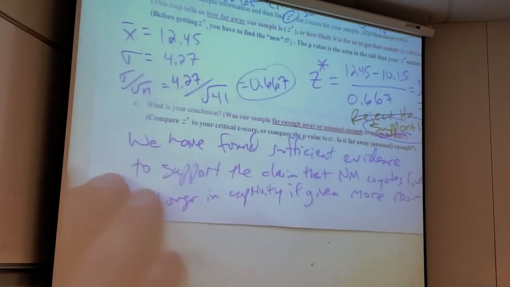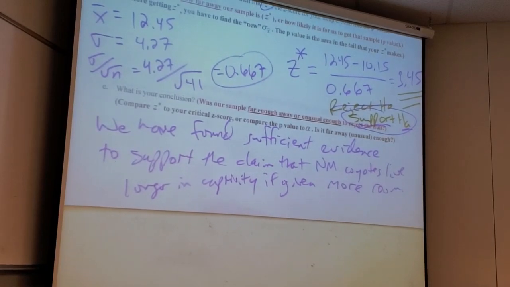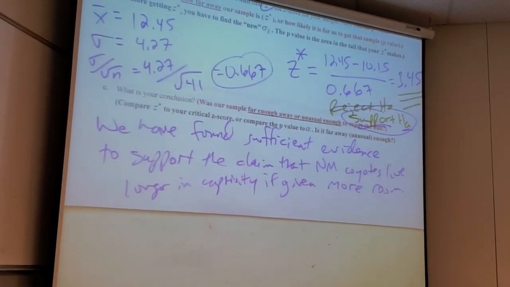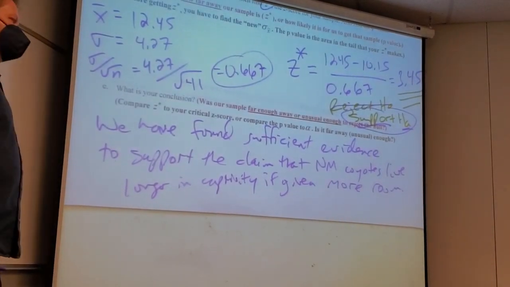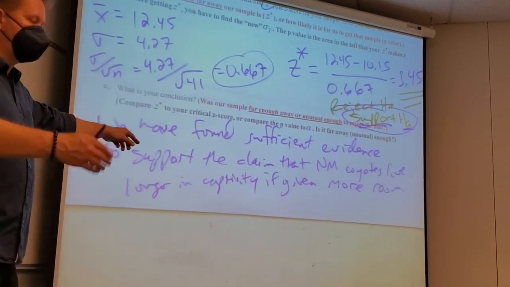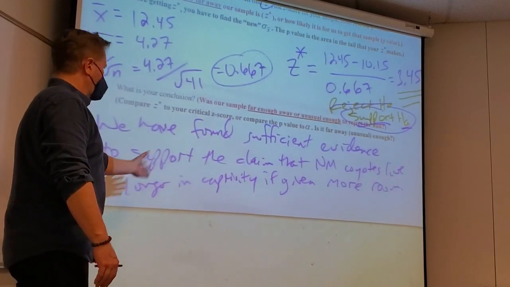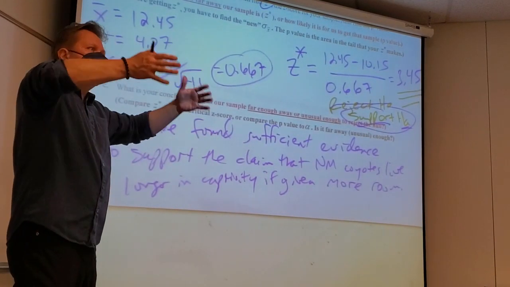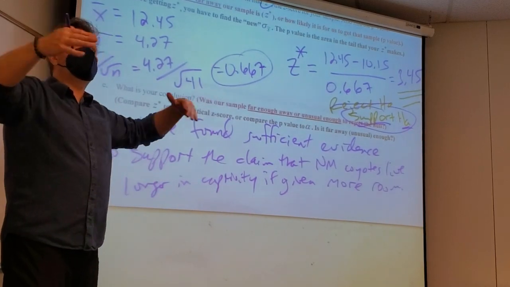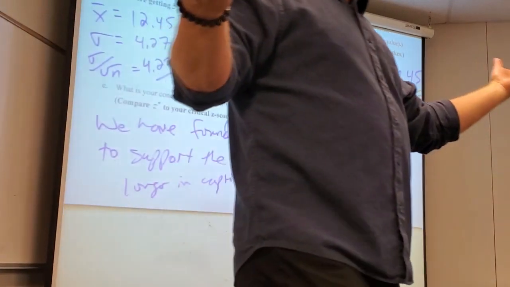Now that is a statement of a conclusion that makes immediate sense. If somebody made a claim, I think they live longer, this is what they want to hear from me, something referencing their claim. We have found sufficient evidence to support the claim that they live longer. So we've got good evidence that they do live longer. What would that mean should happen? They should be given more room.